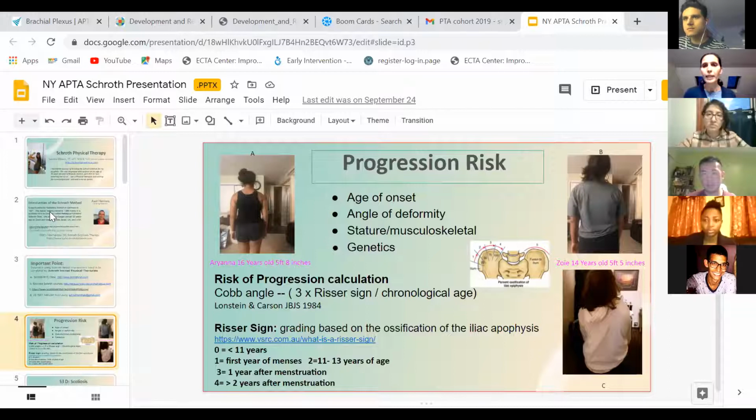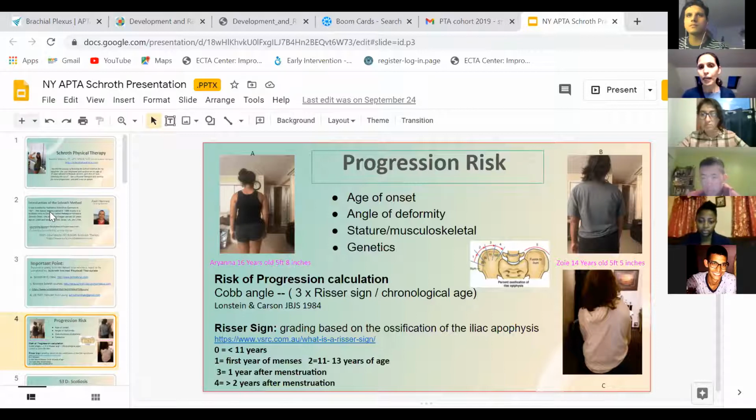Basically, when we do the assessments, we look at the progression rate. You want to understand at what level of deviation the person is at. If you look at the Risser sign at the bottom, the Risser sign is where the pelvis is. If you're at 1 or 2, then that adolescent has a lot of growth potential, which means you as a therapist can make the most optimal change.